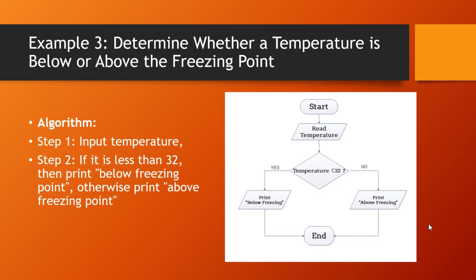And then on the decision box, the temperature is identified whether it's below or above, or less than or greater than 32. So if it is less than 32, then it's below the freezing point. If it's above 32, then it's above freezing point, ang iyahang output, and then end.